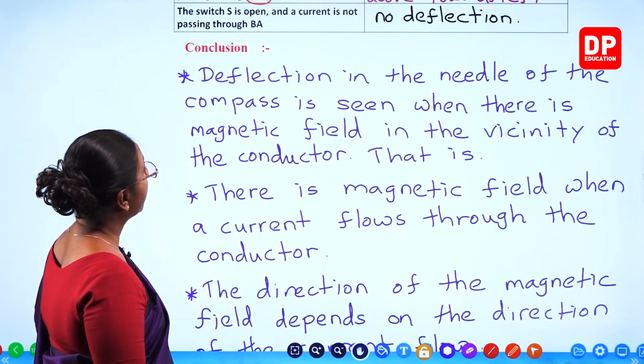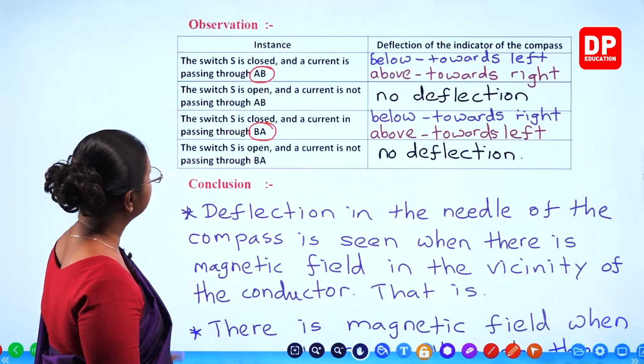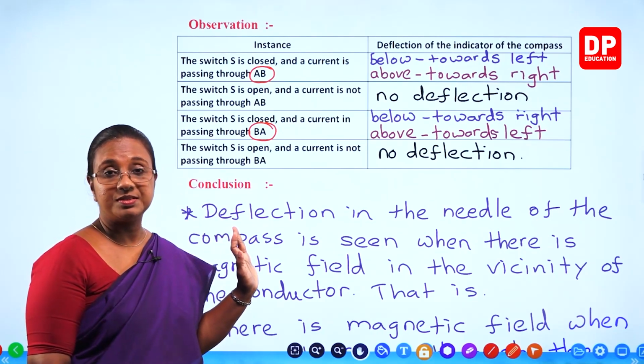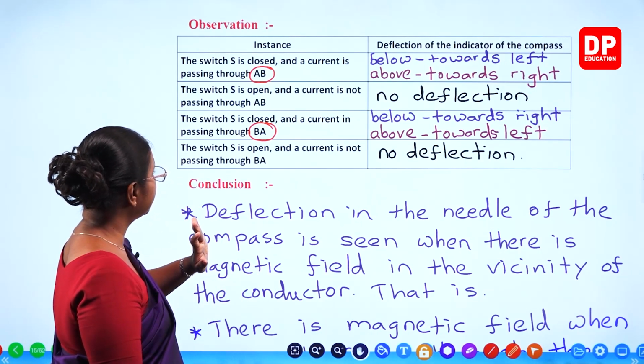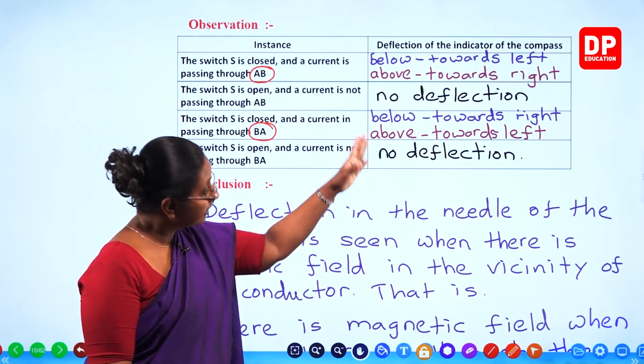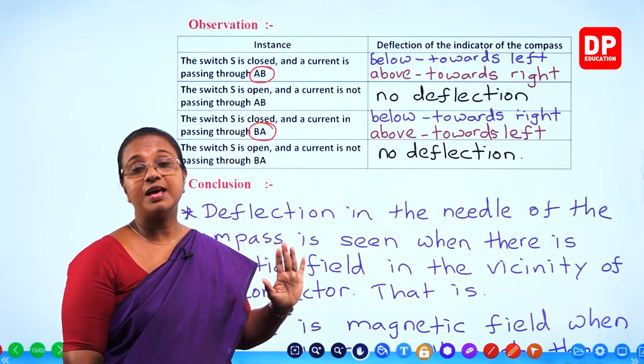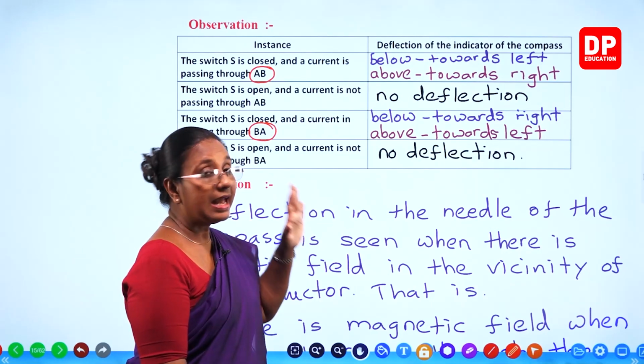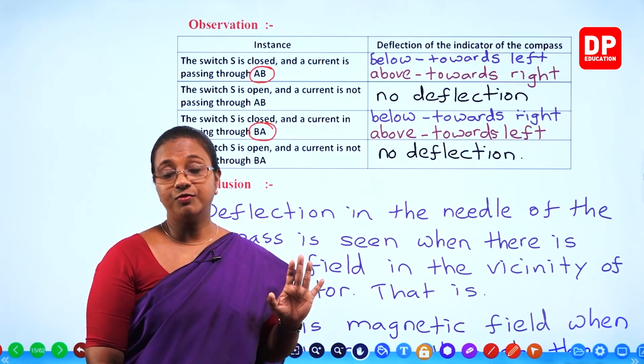So I'm sure you understood the activity. This is how we got the observations. Like I said, students, if we label them differently, the direction of the deflection might change. But that is not something you'd have to worry about.